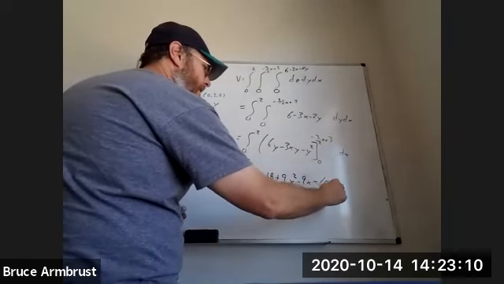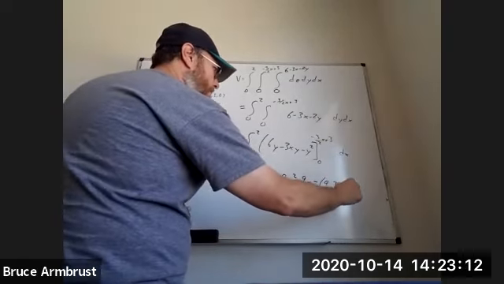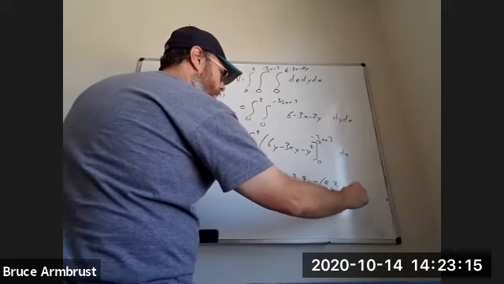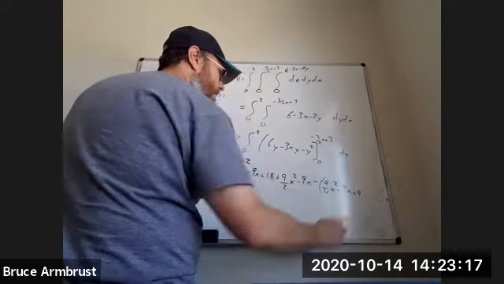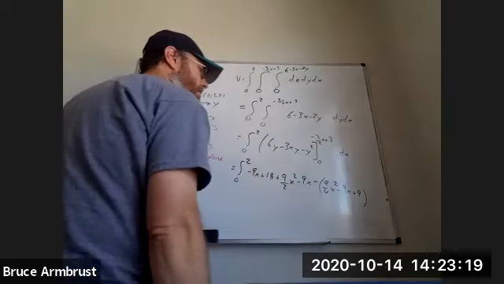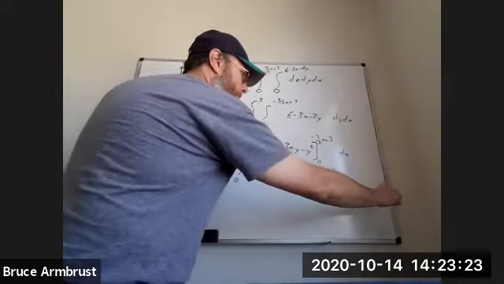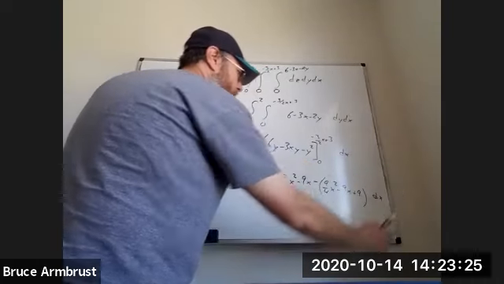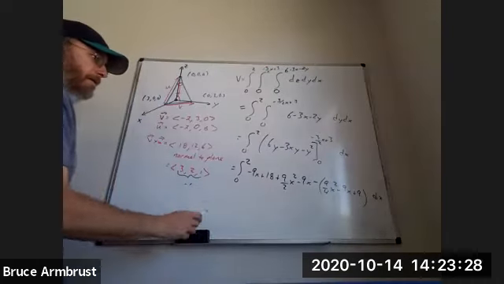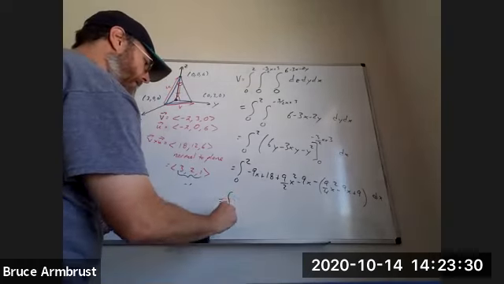When I square that, I get 9/4 x squared minus 9x plus 9. So let's group like terms.